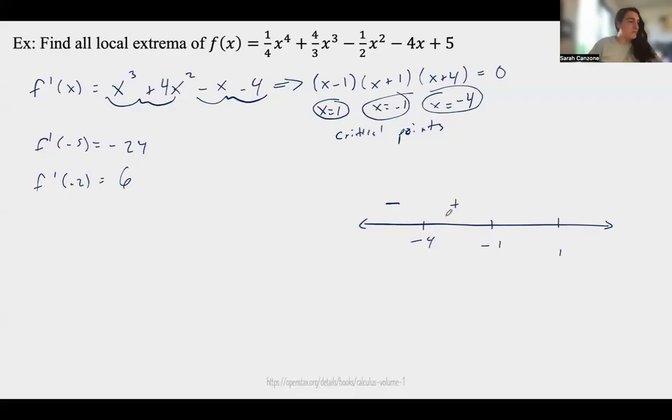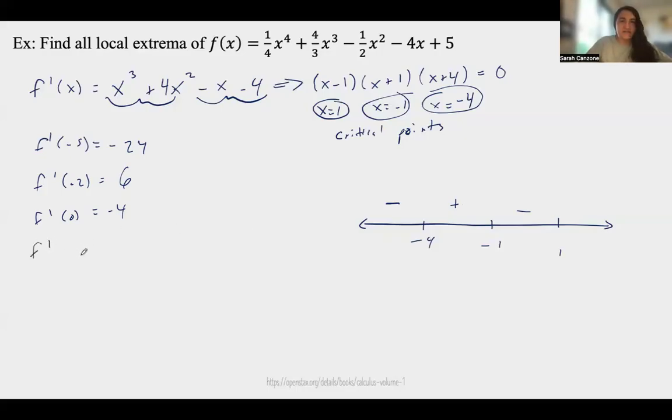So I can go ahead and put a plus right there. I can choose something else in this interval now. Again, I can always just choose 0. So plugging in 0 means you're just left with the constant. So that's obviously a very easy choice. You just get -4, which just tells us we are negative here.